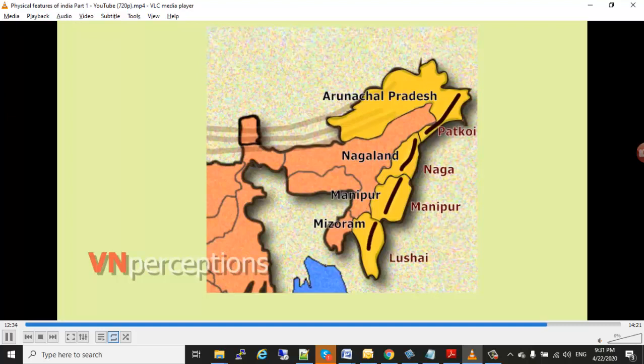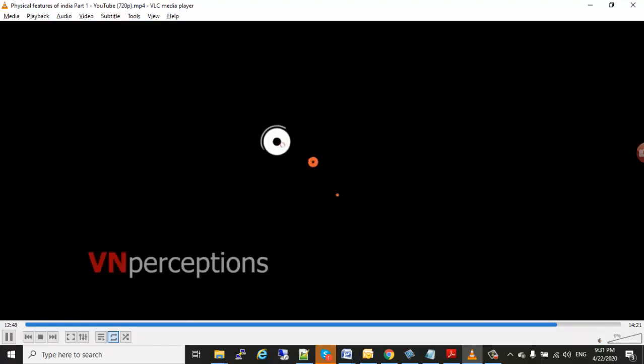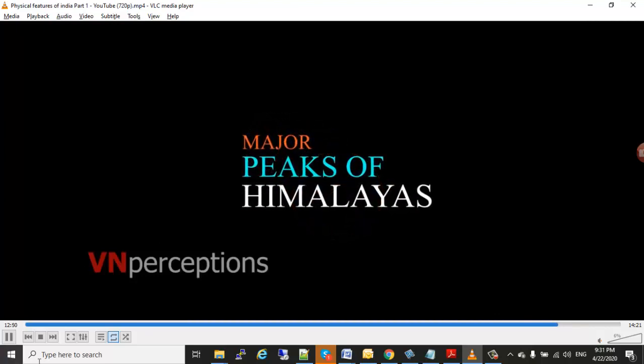The highest peak of Nagaland is Saramati Peak, which is 3,826 meters. So with this we are completing the entire physiographic division of the Great Himalayas.